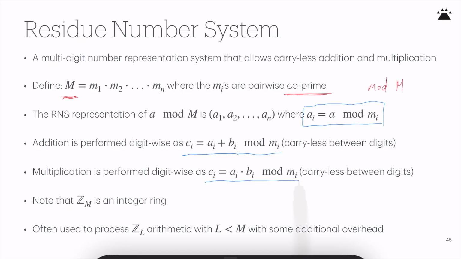Now, we've already said that Z_M is an integer ring. It's not a field, because M is actually the composite of a few primes, and as such, it has what's called zero divisors.